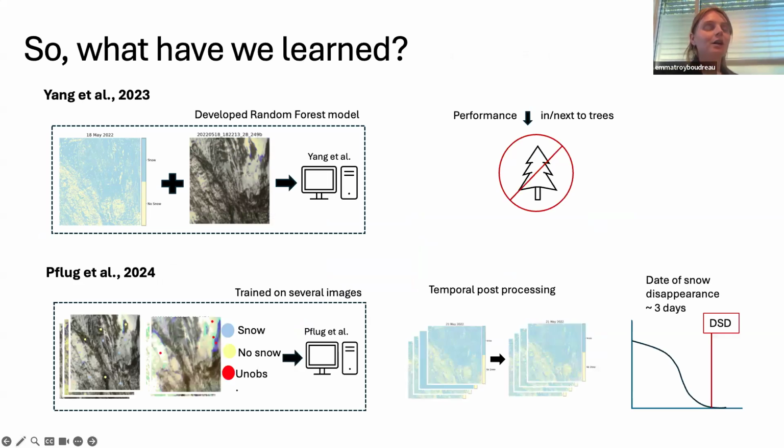And then Flug et al. trains the model on several images and also manually labels them. So you're not limited by when you have a LiDAR flight to use training labels. And this work also used this temporal post-processing to adjust for any fluctuations in snow cover. And then also that Planet can be used for identifying the date of snow disappearance.